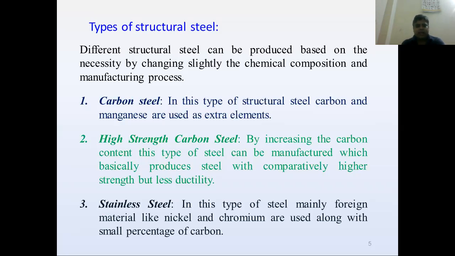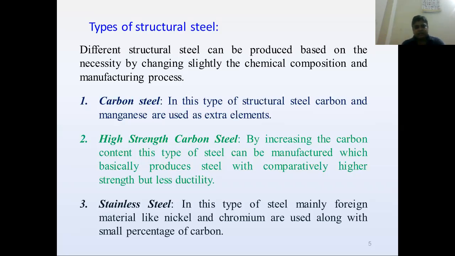Second one is the high strength carbon steel. By increasing the carbon content, this type of steel can be manufactured, which basically produces steel with comparatively higher strength but less quantity. In this case, strength is higher but ductility is less.